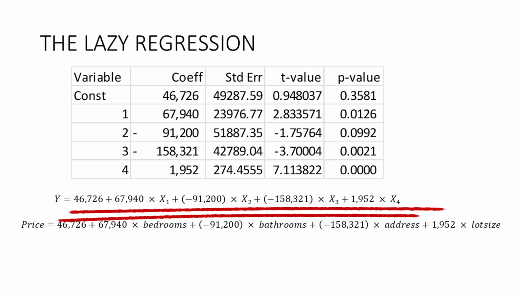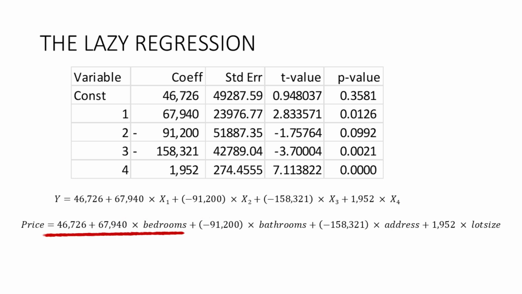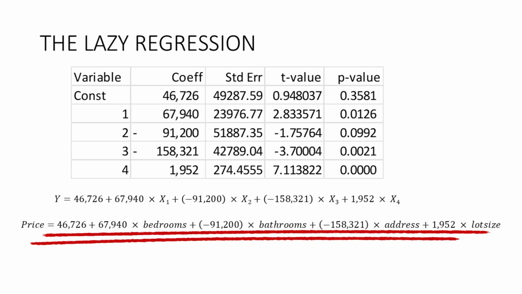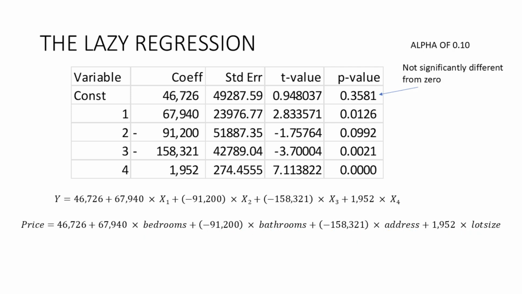One in the usual y and x format, and then in the more explicit price equals the coefficient times variable plus a constant. We note that the constant is actually not significantly different from 0 using a 0.10 alpha. So we'll drop that coefficient, and from here on, we'll just use 0 every time a coefficient is not significantly different from 0. And this is what it looks like.